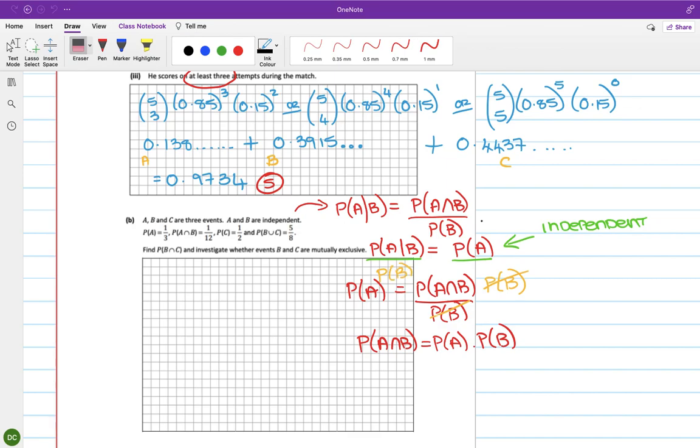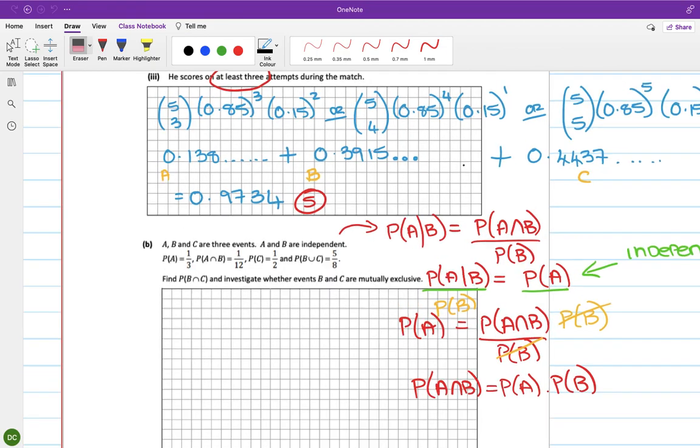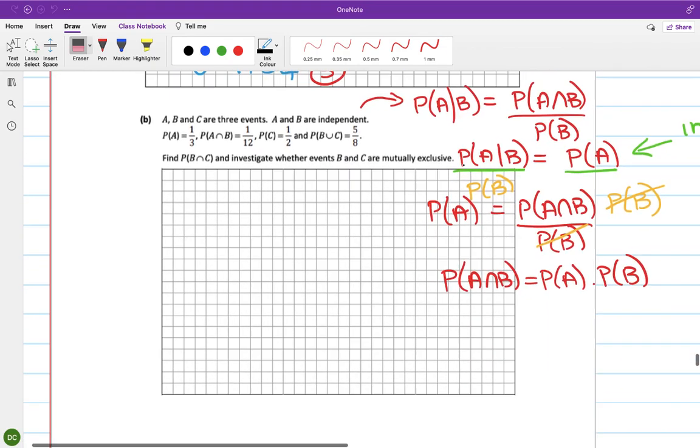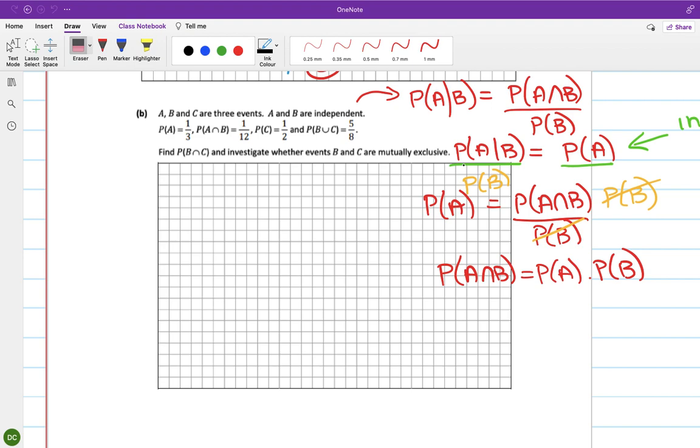Okay, so let's have a look. A and B are independent, so if they are independent, then this is true. Is that helpful? Let's see. The probability of the intersection is given as 1 over 12.